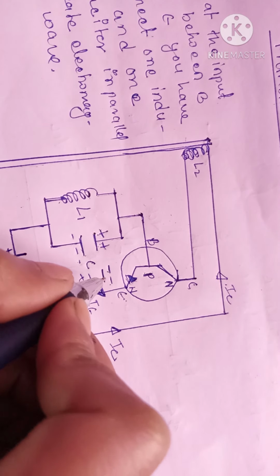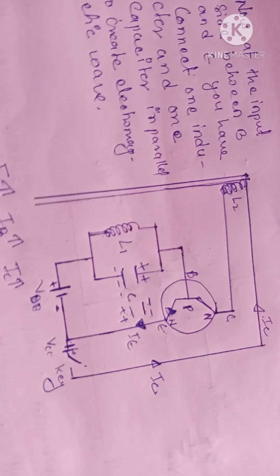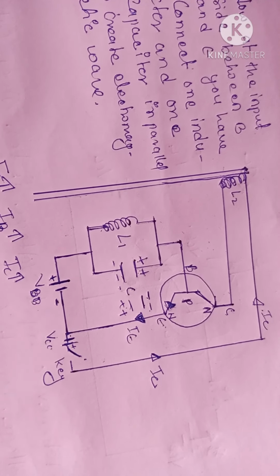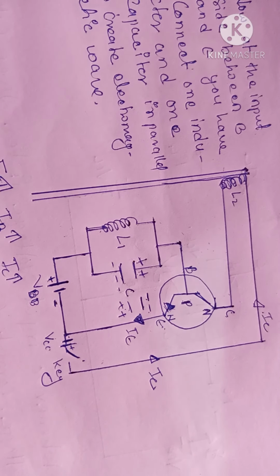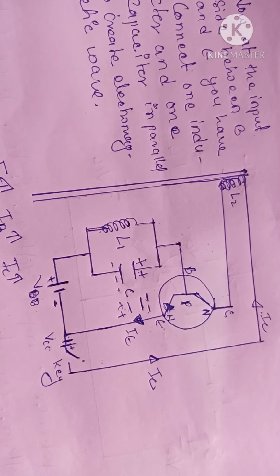So in this case, forward bias will decrease, and when forward bias decreases, the base current IB also decreases.